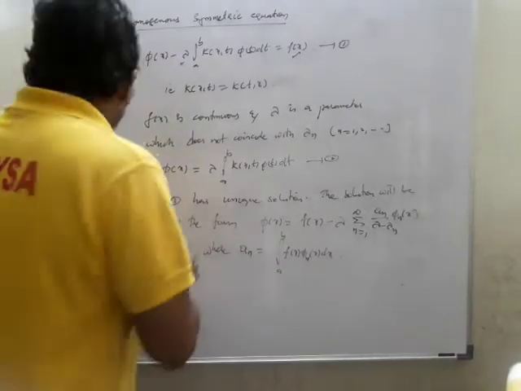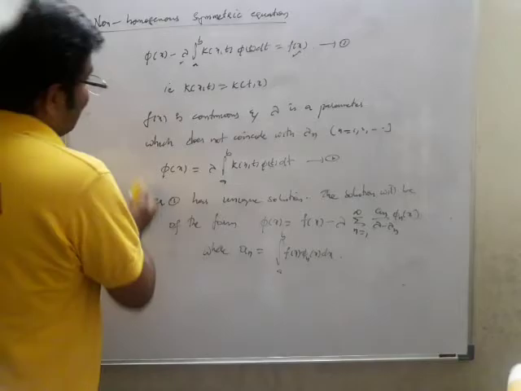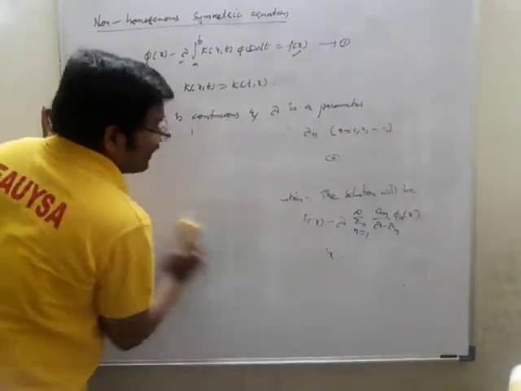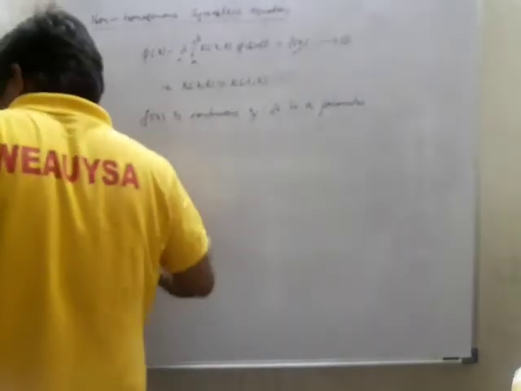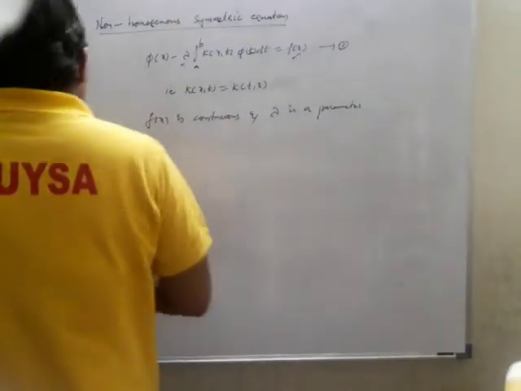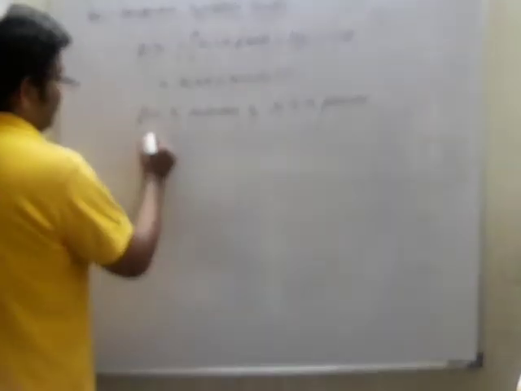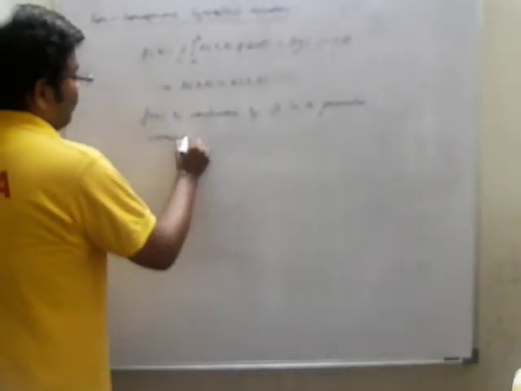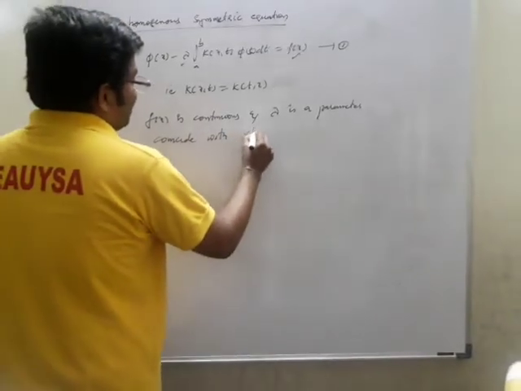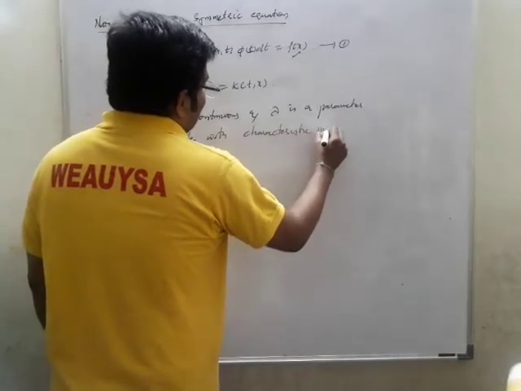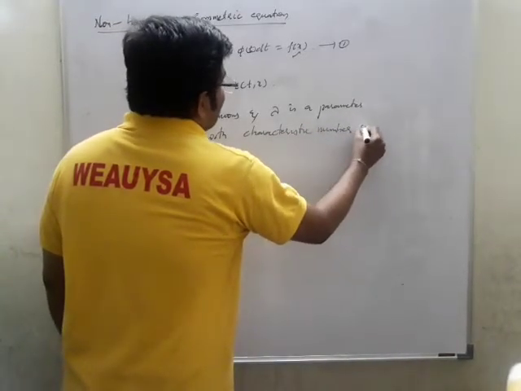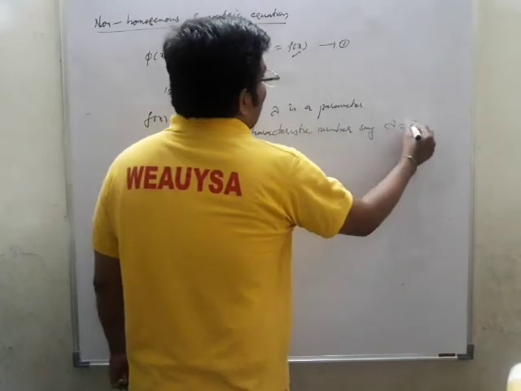Suppose, for example, the other condition: if the lambda parameter coincides with the characteristic number, say lambda is equal to lambda k.